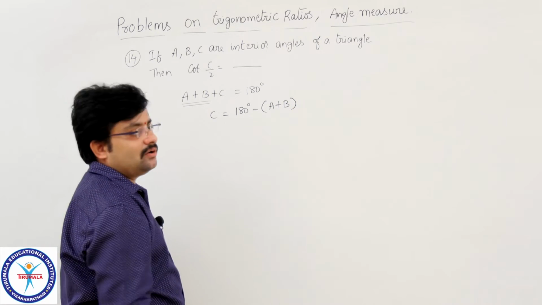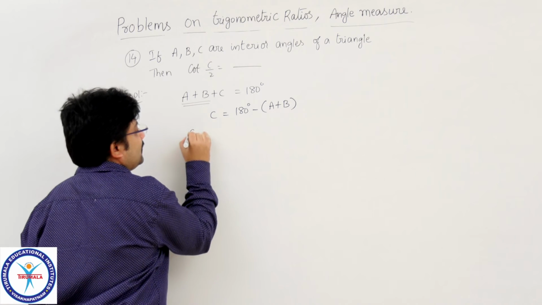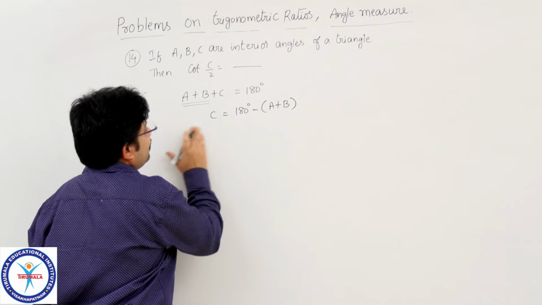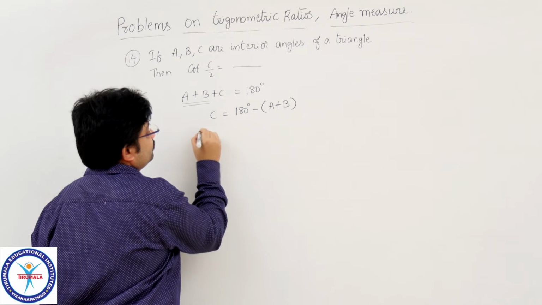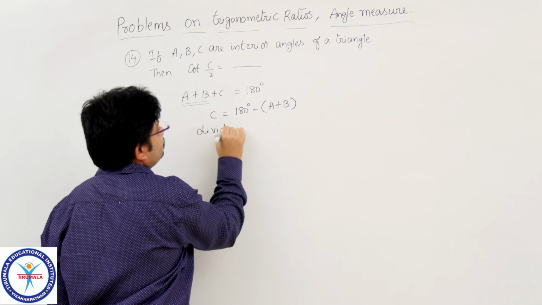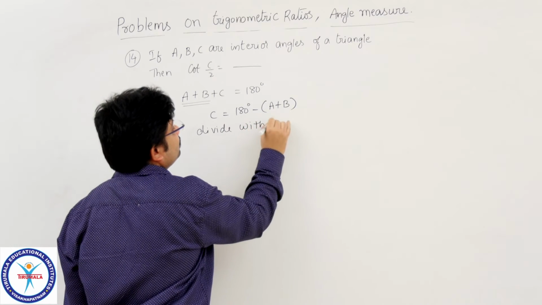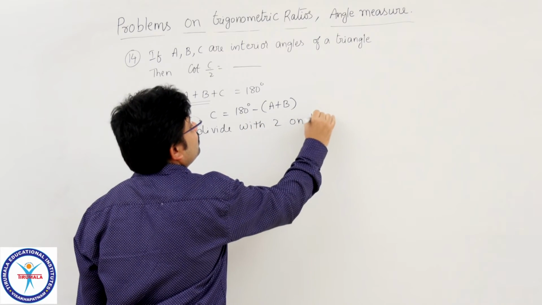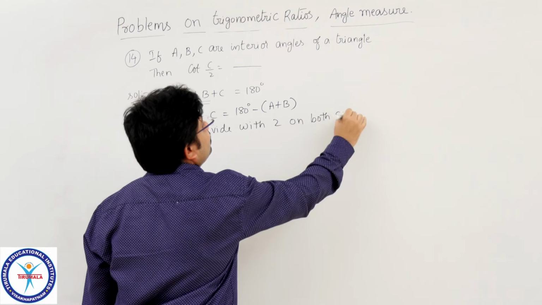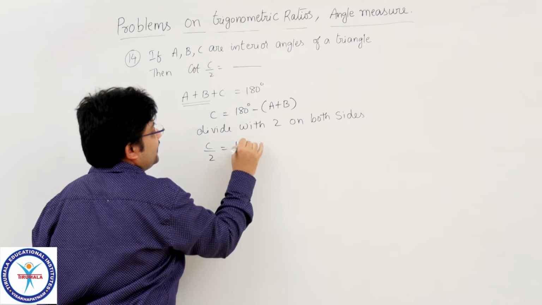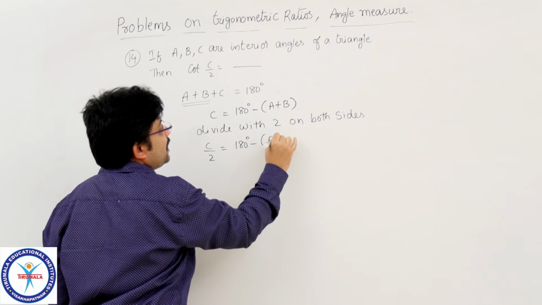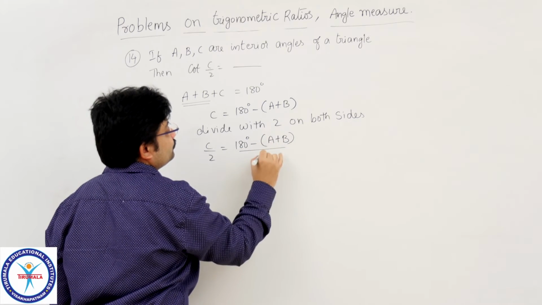Now, I am applying cot on both sides. Divide this by 2 on both sides. Then it becomes C by 2 is equal to 180 degrees minus of A plus B, by 2.